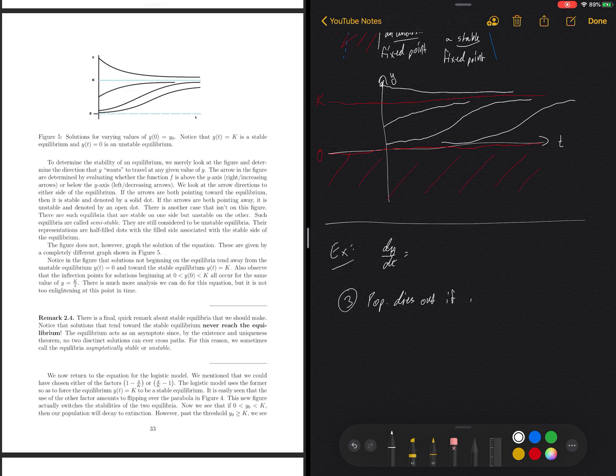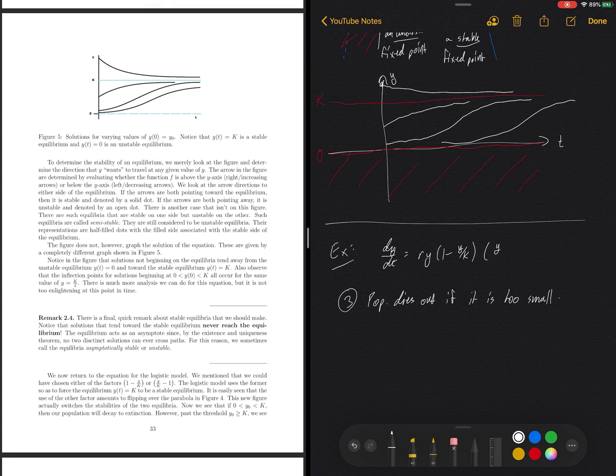So we'd like to employ a third rule that the population dies out if it is too small, right? If we don't have enough genetic diversity in that population, that usually means that there's not enough individuals in that population to create genetic diversity.